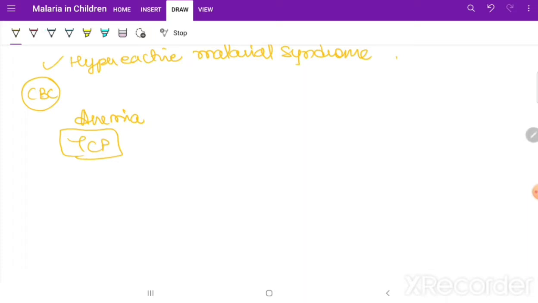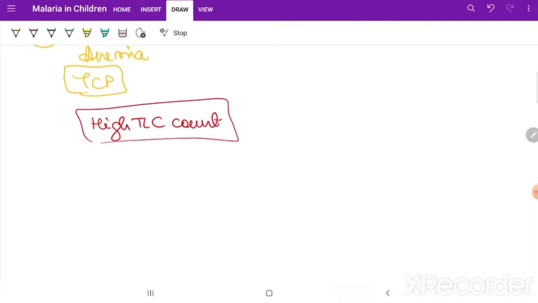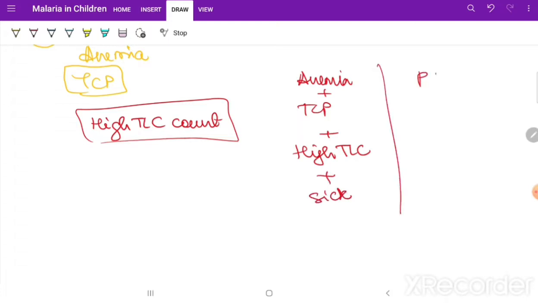Now an important finding which I have seen in my PG: 2 cases over the course of 3 years which presented with very high TLC count, anemia, some mild thrombocytopenia, along with a sick child, having abdominal pain, body pain, leg pains.